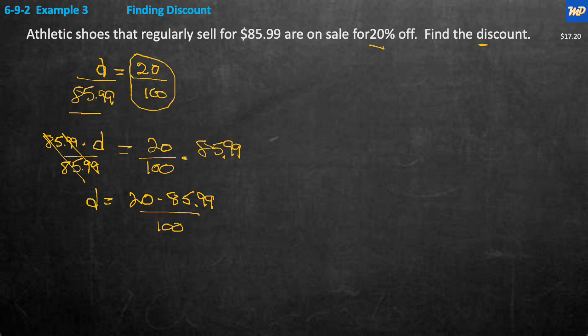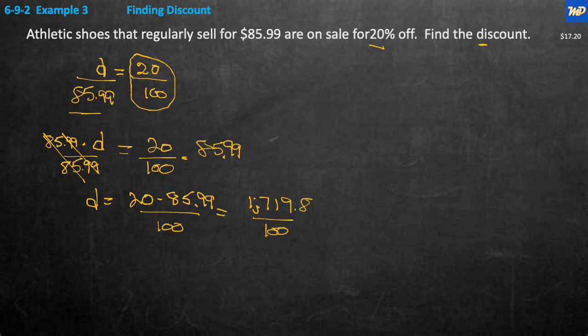So when you do the math, you end up with 20 times $85.99, and that equals 1,719.8 over 100.